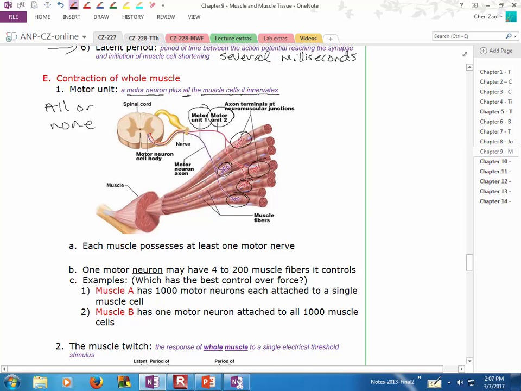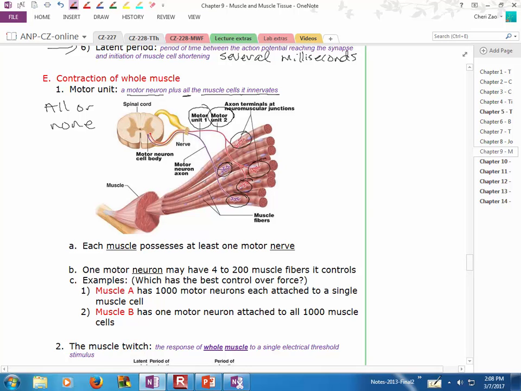If you were to stimulate motor unit 1 versus motor unit 2, if you were given the option, turning on motor unit 1 or turning on motor unit 2, which one could possibly give you a perceptible shortening of the muscle organ itself? 2.